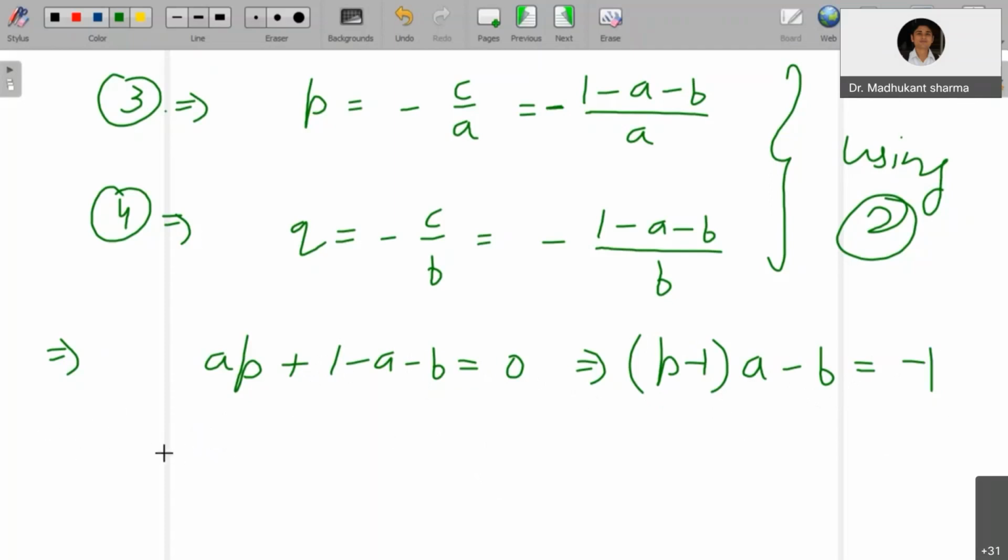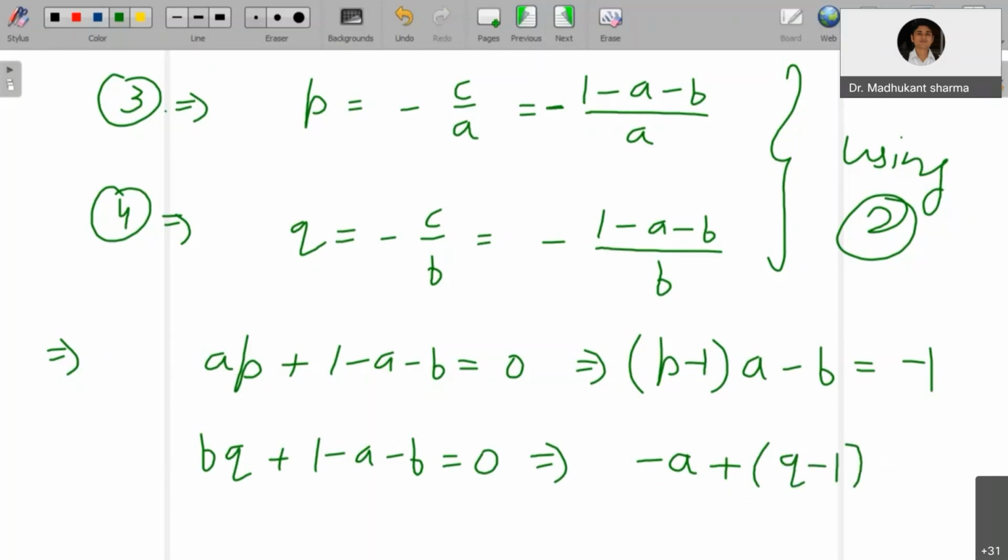Now similarly, you have from here bq plus 1 minus a minus b equals 0. This implies you have minus a plus q minus 1 times b equals minus 1. You can also get rid of this minus sign by multiplying by minus.